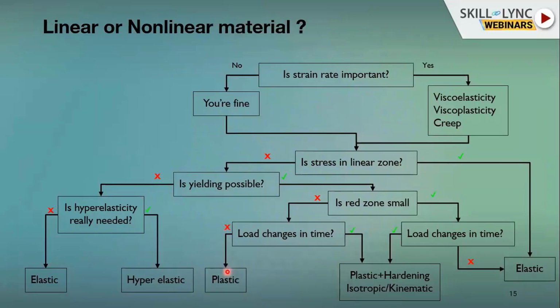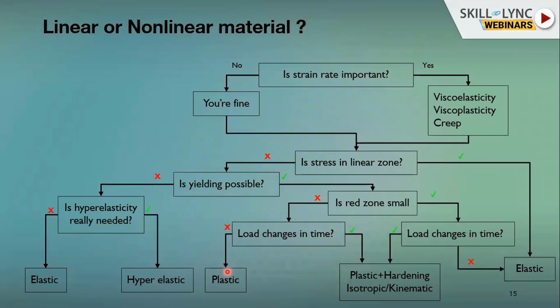Now that we have various categories of nonlinear materials, where do I start and how do I judge that I can go with a nonlinear material? The first thing you need to look for is whether strain rate is important, which means plastic strain or anything happening over a period of time.